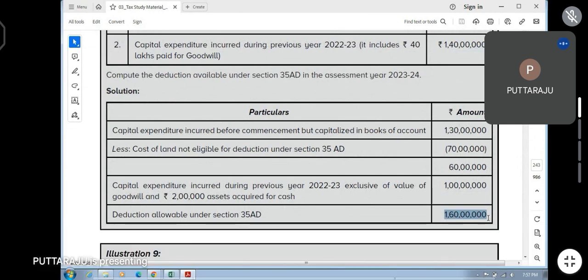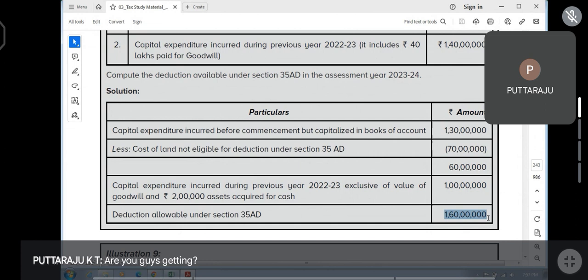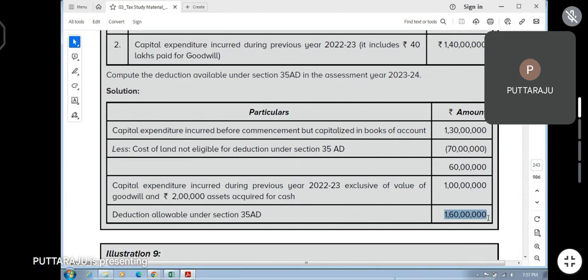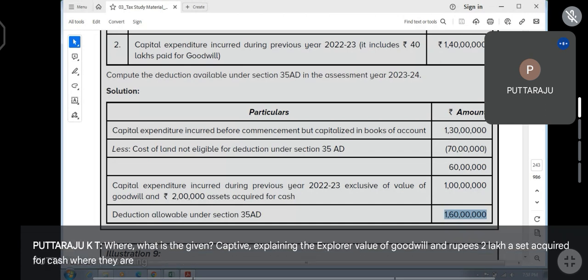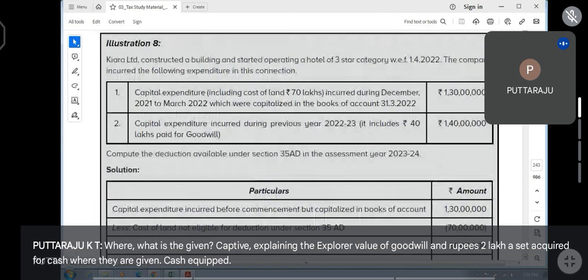Are you getting? Where is it given? Capital expenditure exclusive of value of goodwill and rupees 2 lakh asset acquired for cash. Where are they given? Cash acquired, are they given anywhere? No, sir.